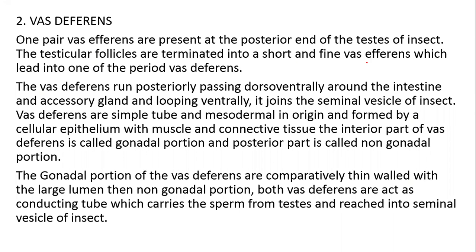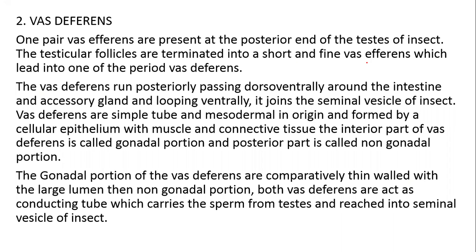The anterior part of the vas deferens is called the gonadal portion and the posterior part is called the non-gonadal portion. The gonadal portion is comparatively thin-walled with a larger lumen than the non-gonadal portion.